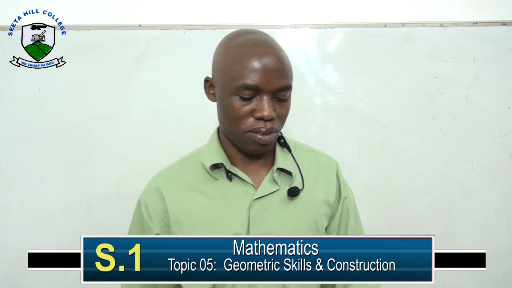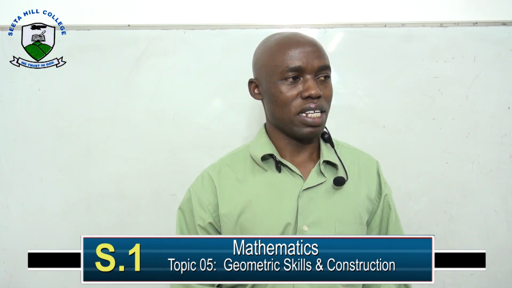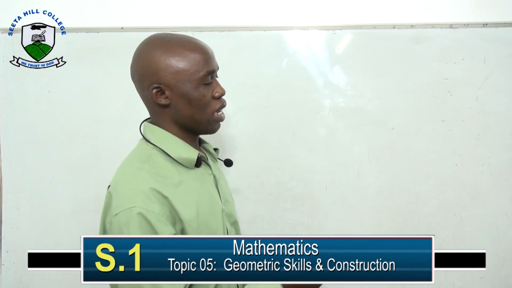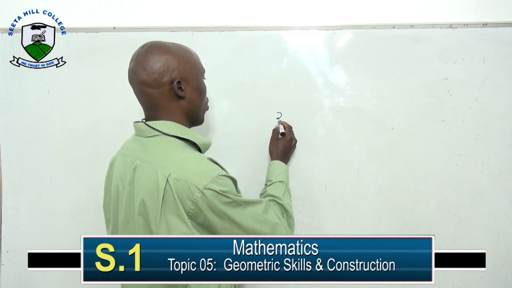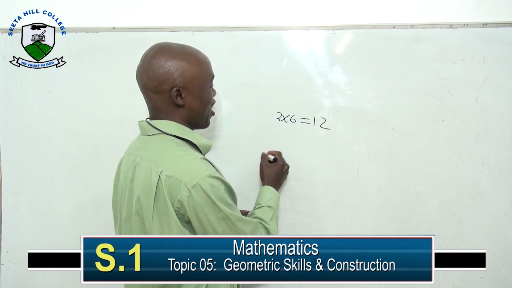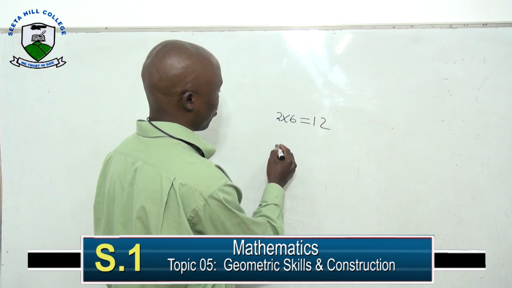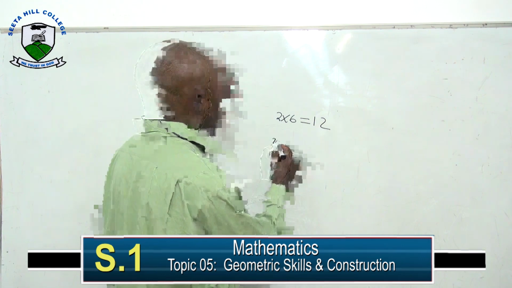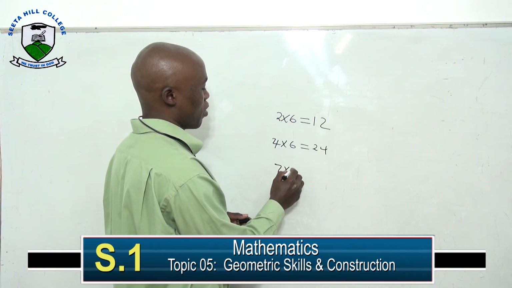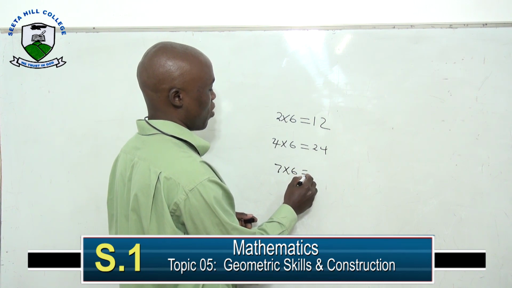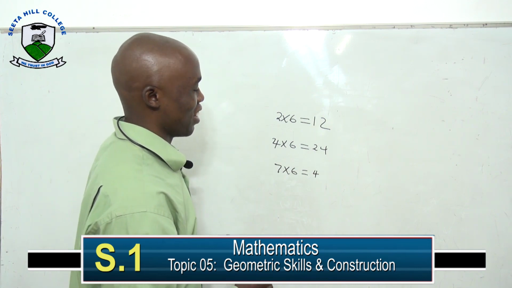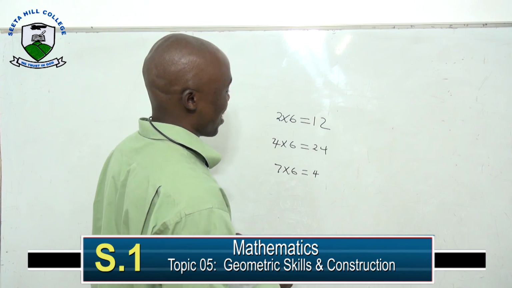Now I will pose like two questions, but one is a calculation, just a check-up. 2 times 6 gives 12. What of the 4 times 6? 24. And then 7 times 6? 42.